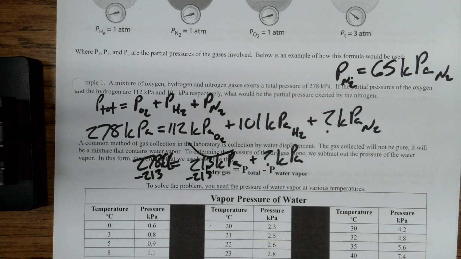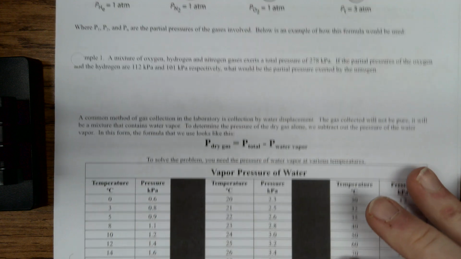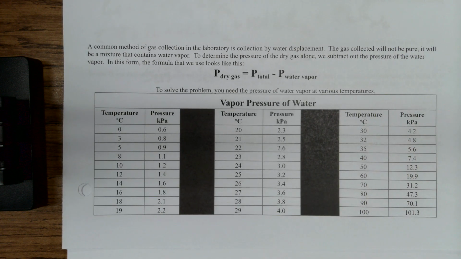So to make things a little easier, I'm going to use my other sheet here because I kind of wrote over my next example. So let's go ahead and take a look at the second thing that Dalton's law tells us. A common method of gas collection in a laboratory is the collection by water displacement. The gas collected will not be pure because it's over water, and we know that our kinetic energy is the average energy that our molecules are moving. So some are already going into the evaporation state just from existing.